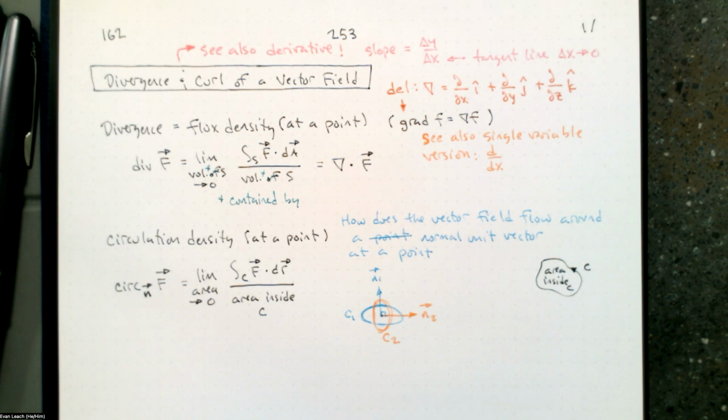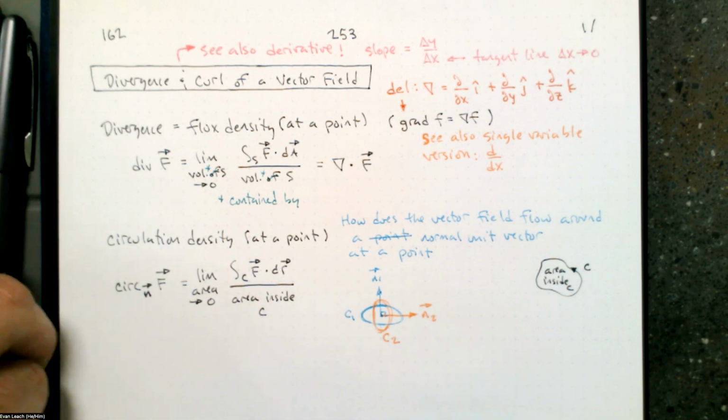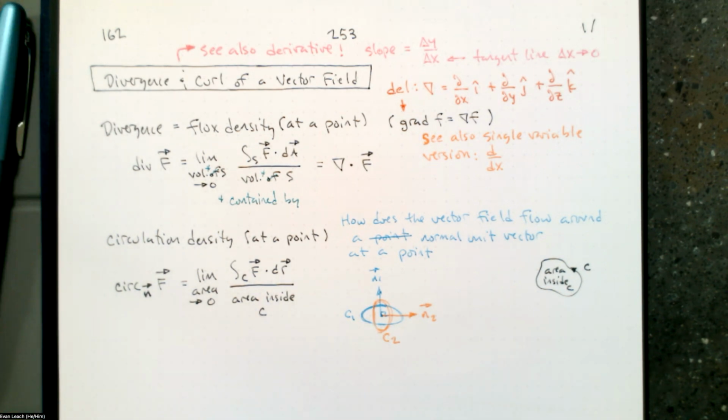So the curl is one of these circulation vectors. The curl of a vector field at a point is the direction for which the circulation is a maximum.